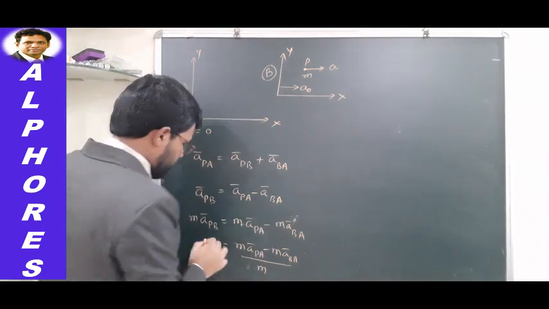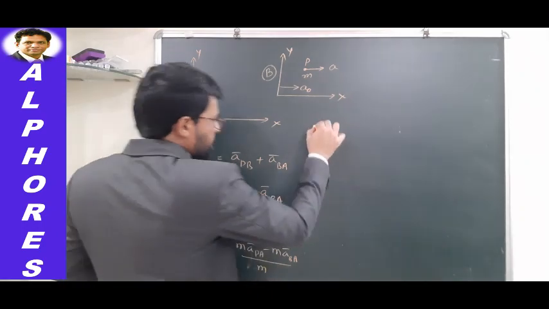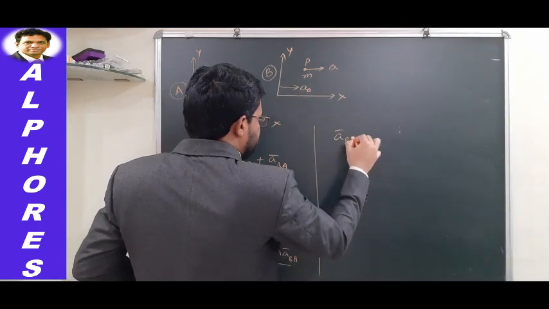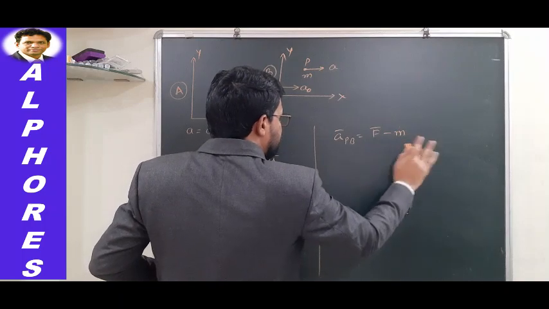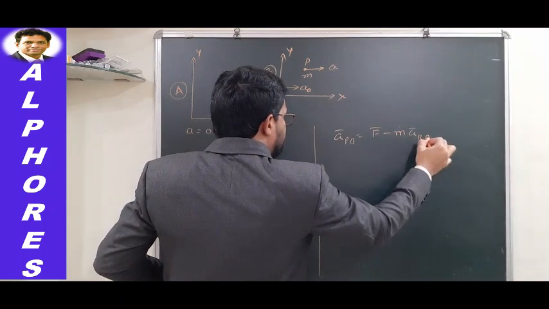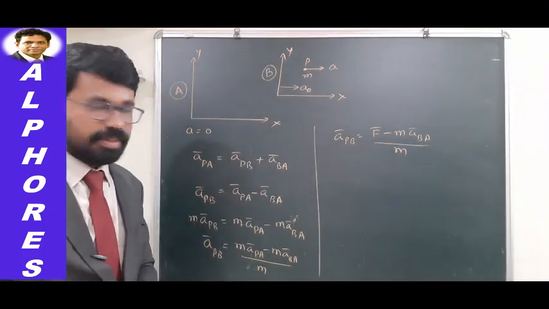So this A bar PB can be written as F bar minus M A bar BA by M, isn't it?